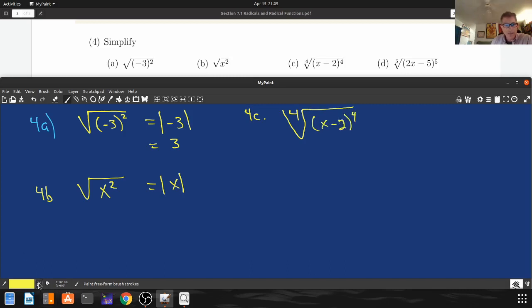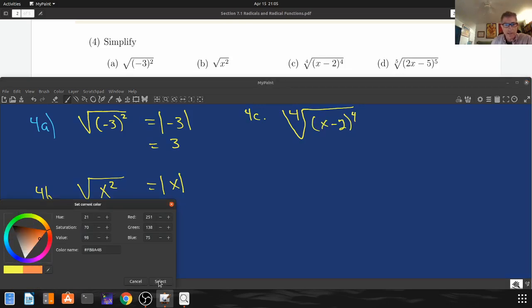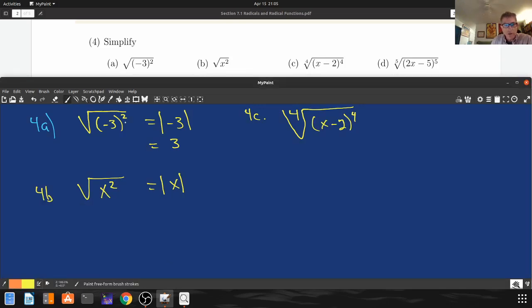And what I need to be pointing out to you guys in each one of these situations, notice with the square root, the index is understood to be 2. So the power and the index are the same.